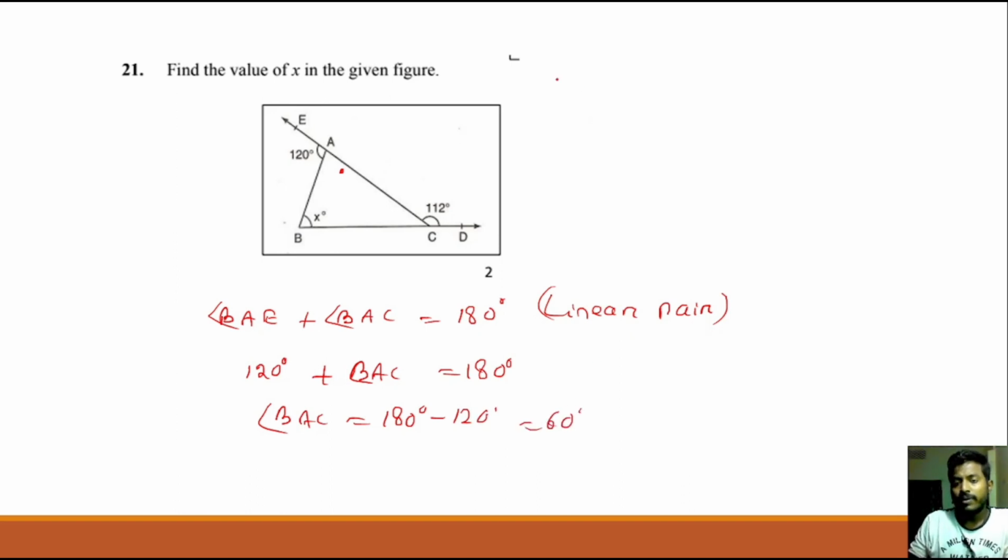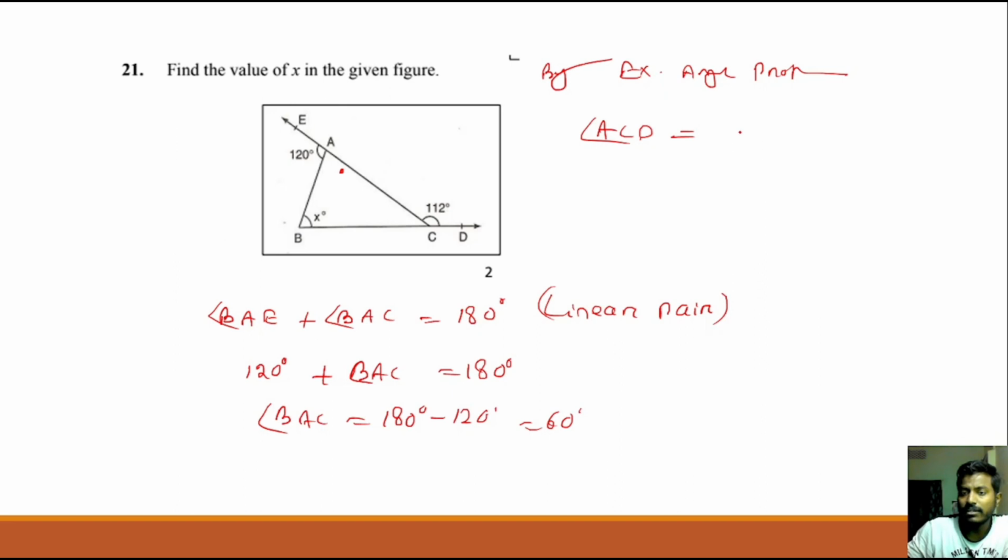Now by exterior angle property, we can write angle ACD is equal to the sum of the opposite interior angles, that is angle B plus angle BAC.